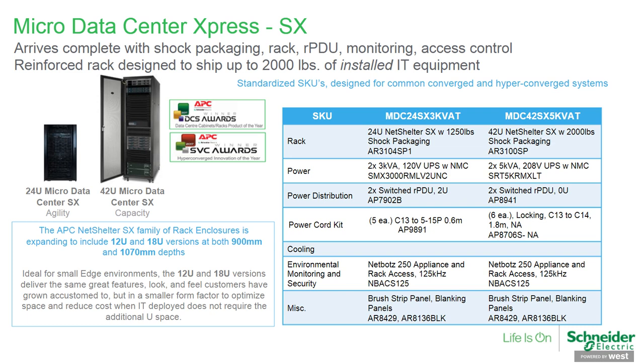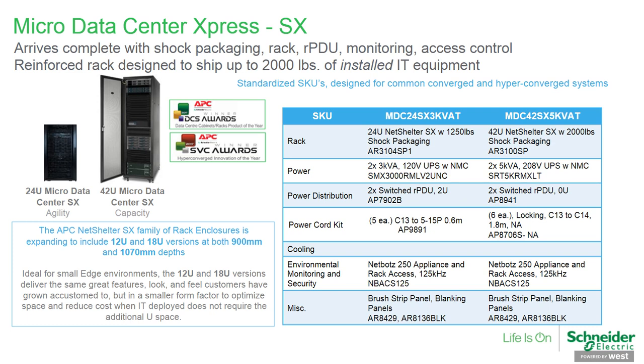And we're announcing in a couple of weeks, in addition to this family of rack enclosures, a 12U and an 18U version. There is also a 6U version that is a wall mount. It wall mounts vertically so that it doesn't stick out of the wall.